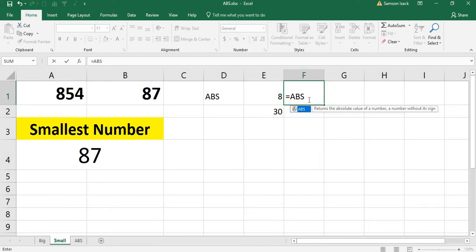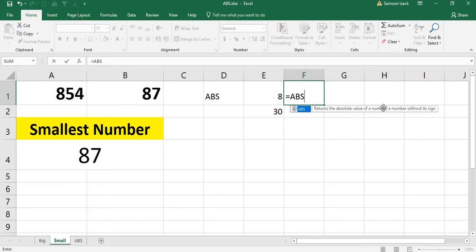When you type ABS, you can see it returns the absolute value of a number. The absolute value of a number is nothing but the number with its sign removed, a number without its sign.